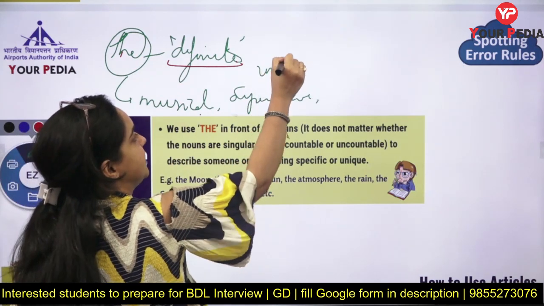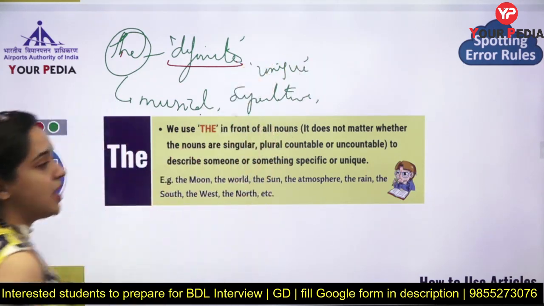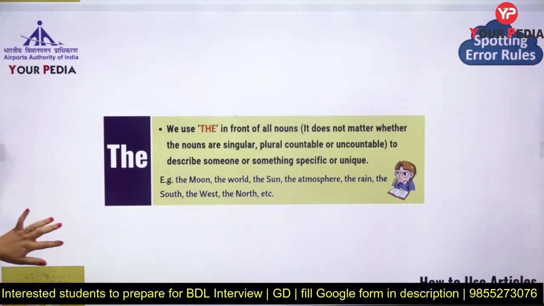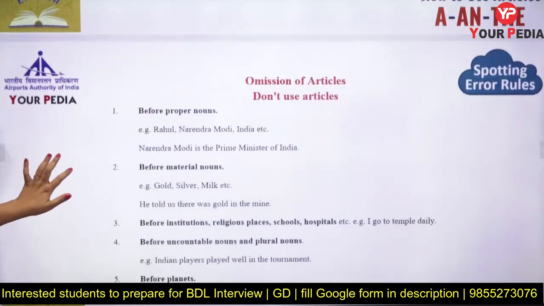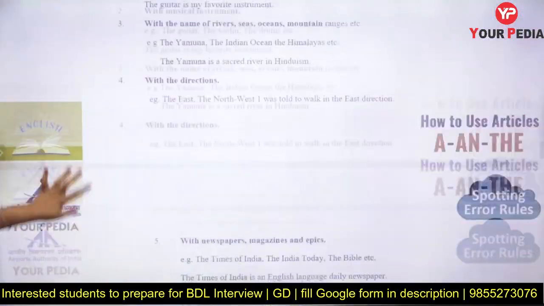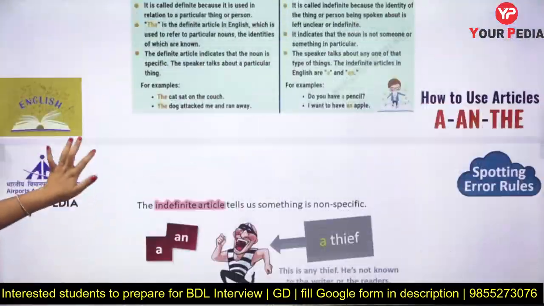We also use the article the with the Bhagavad Gita, newspaper names and lots of other things, right? Before I tell you where you do not need to use articles, let's quickly revise what the articles were and where they need to be used.